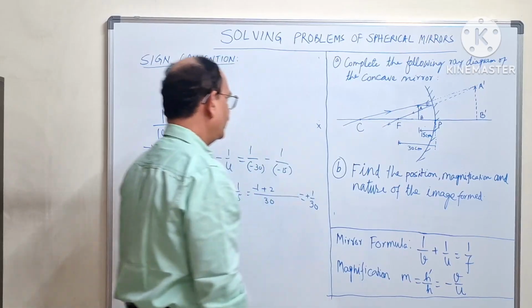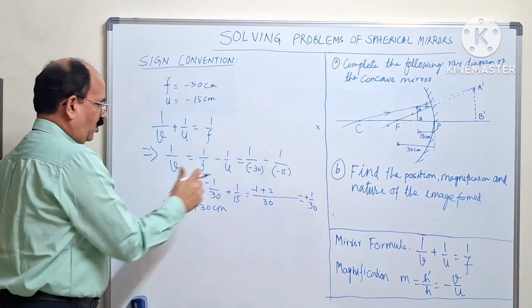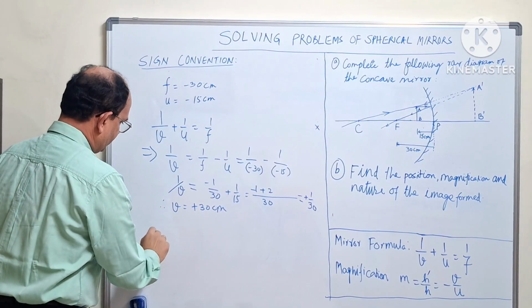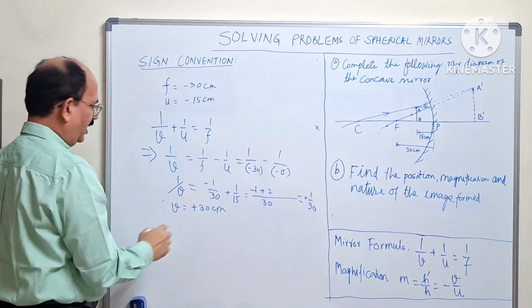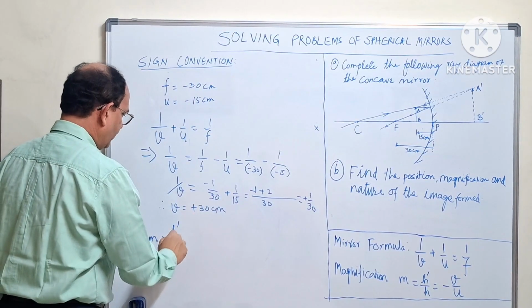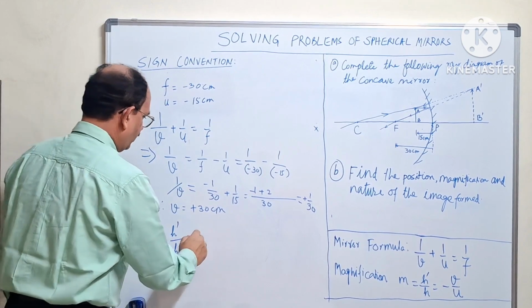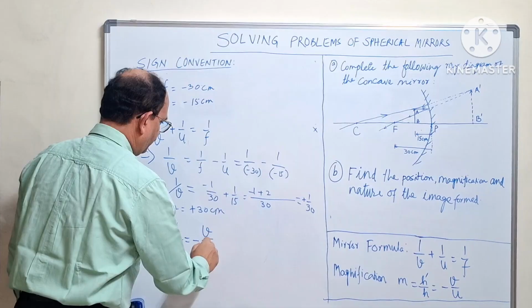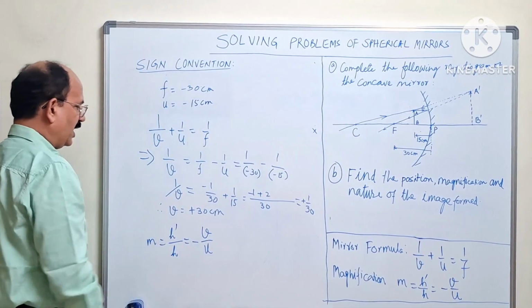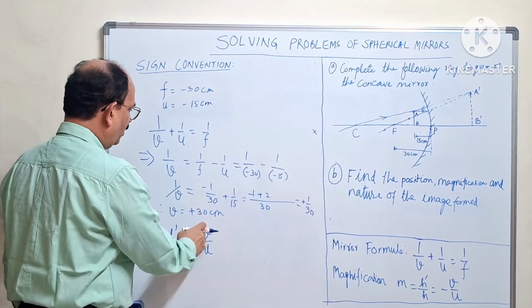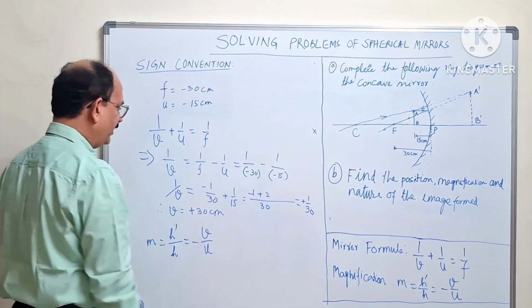Okay. Now, what is the magnification? The magnification, using the magnification formula, is height of the image divided by height of the object, which should be equal to minus v upon u. Now we have not been given h dash and h, but we have been able to find out v and we were given u.